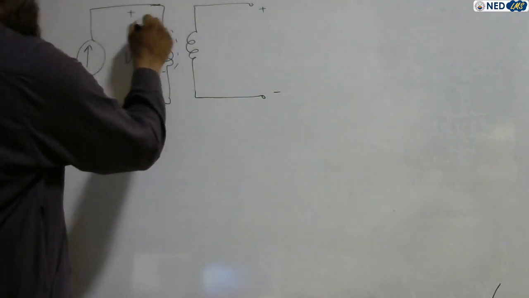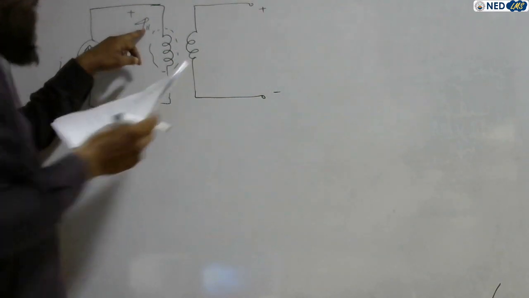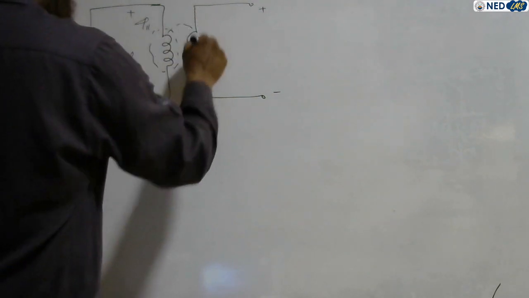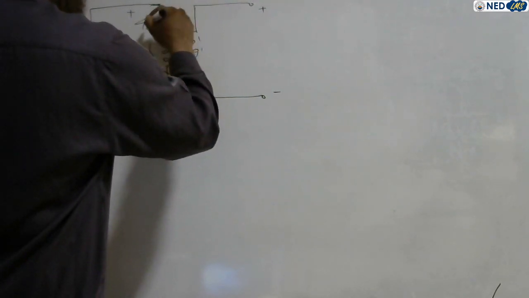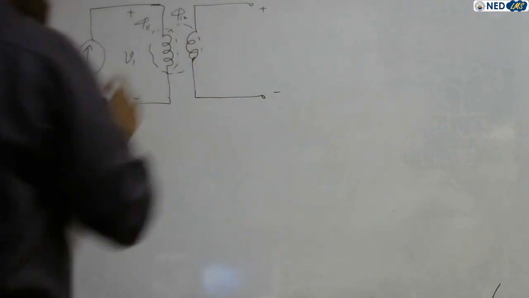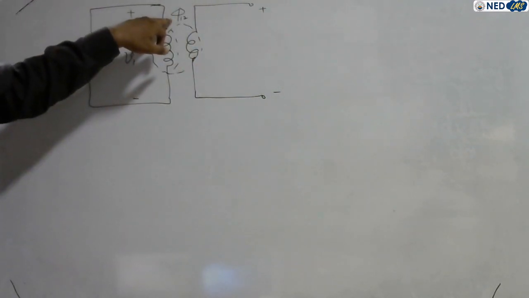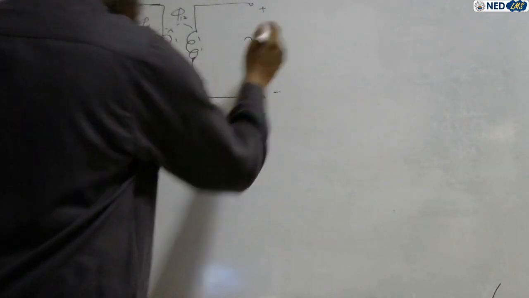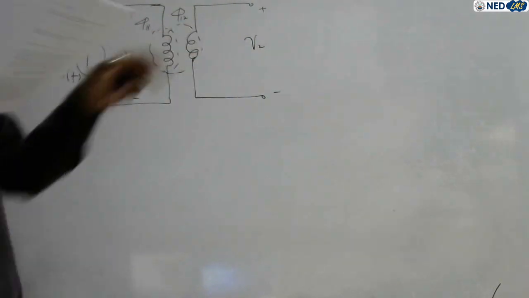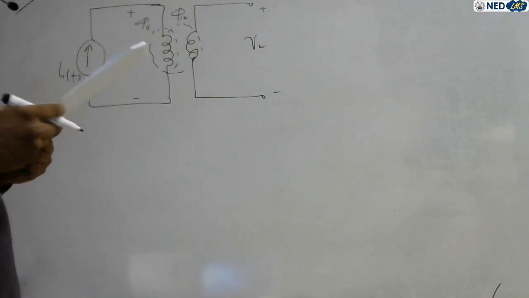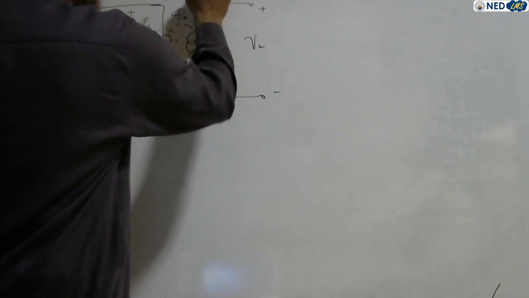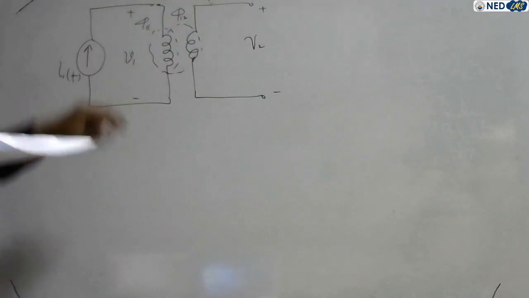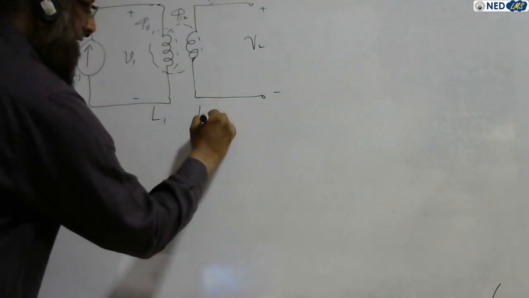This flux is set up in itself, not the neighboring coil. The flux phi 1 2 is also set up in the neighboring coil due to change in current in the first coil. The induced voltage in the neighboring coil is plus minus V2. This one is L1, this one is L2: coil 1 self inductance, coil 2 self inductance.